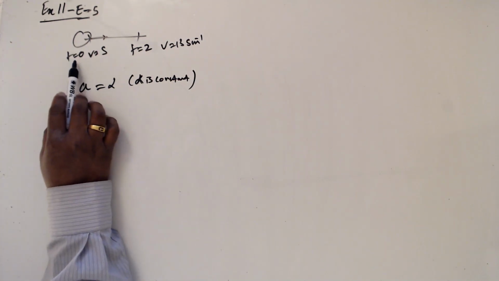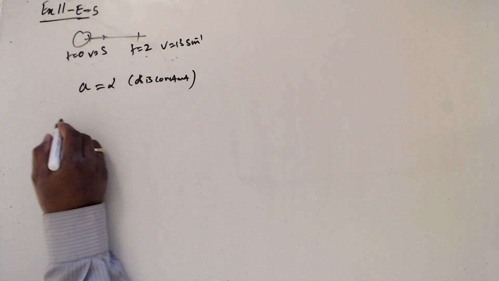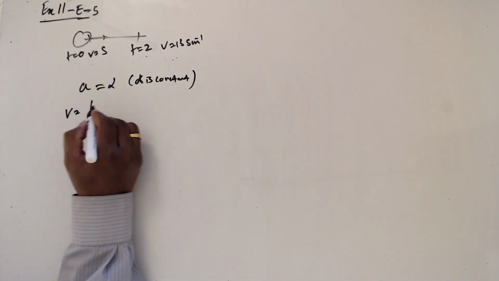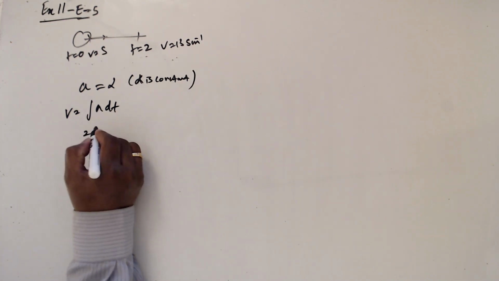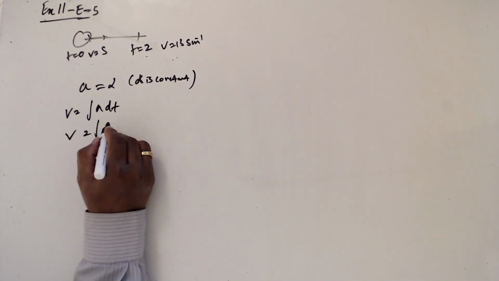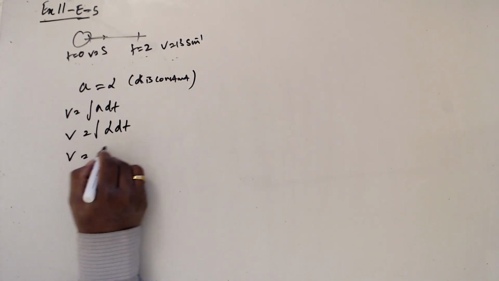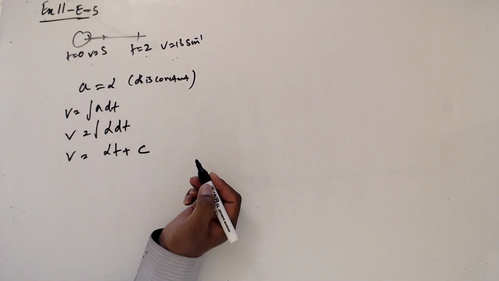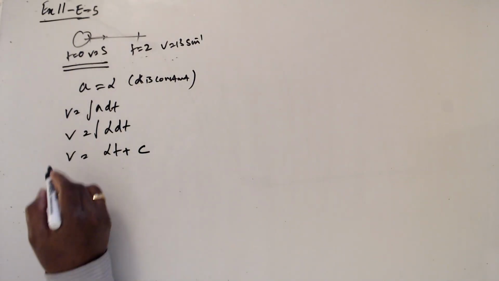Now I can see that t and v is the data given. So I want to turn it into t and v. Basically, velocity equals, when we integrate a in terms of t, v equals alpha t plus a constant, we'll take C. Now we'll substitute the first condition.